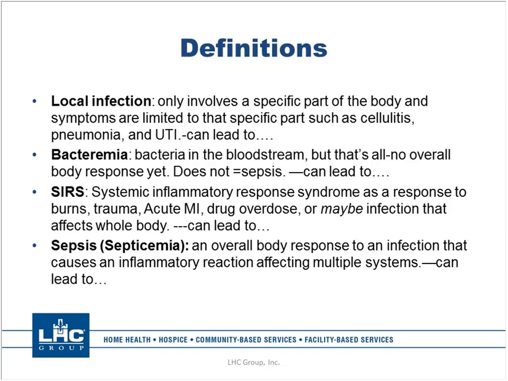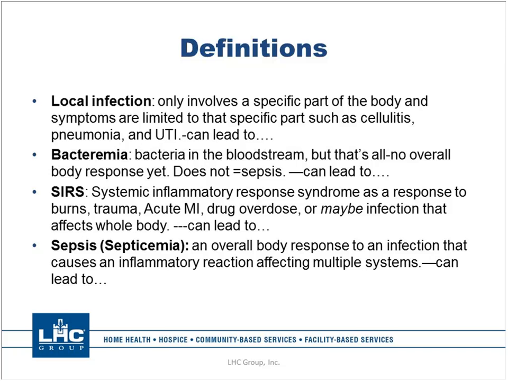So, definitions. A local infection only involves a specific part of the body, and the symptoms are limited to that specific part, such as cellulitis, pneumonia, or urinary tract infection. Those are your localized infections, specific to that specific body part.